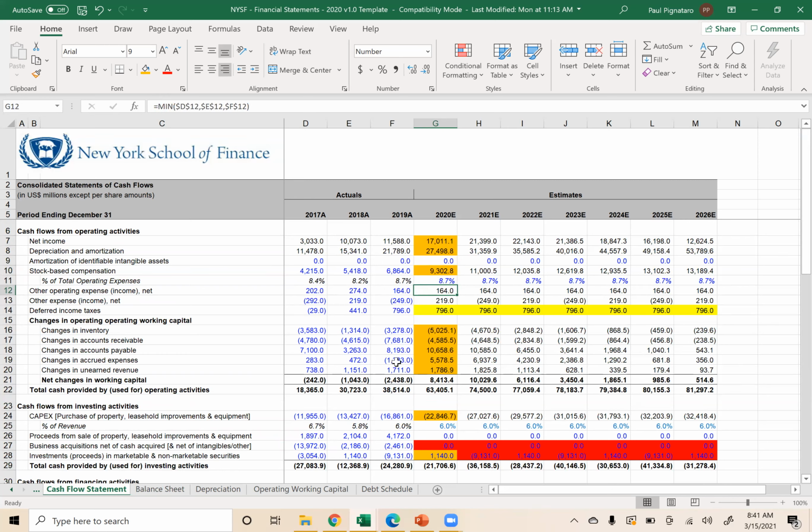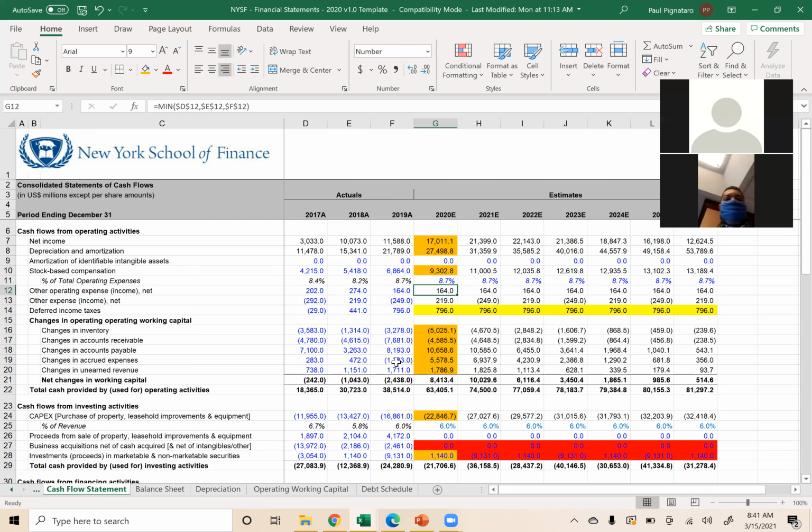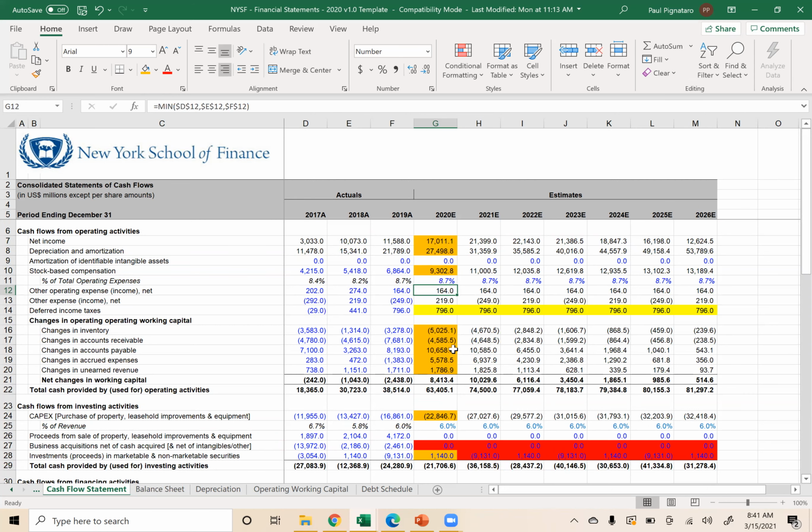Now we have these two other, very similar, other expense line items, other expense assets or liabilities. Now these are long-term expense adjustments. They're not short-term. If they were short-term, they'd likely be in working capital, right?